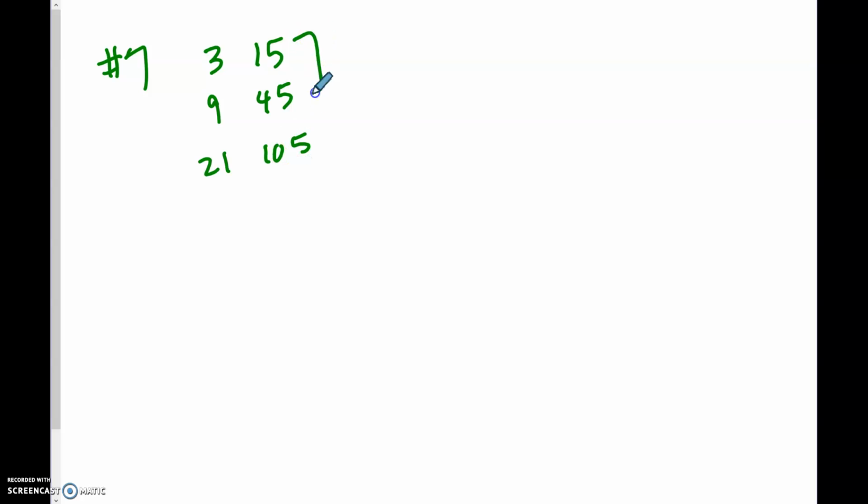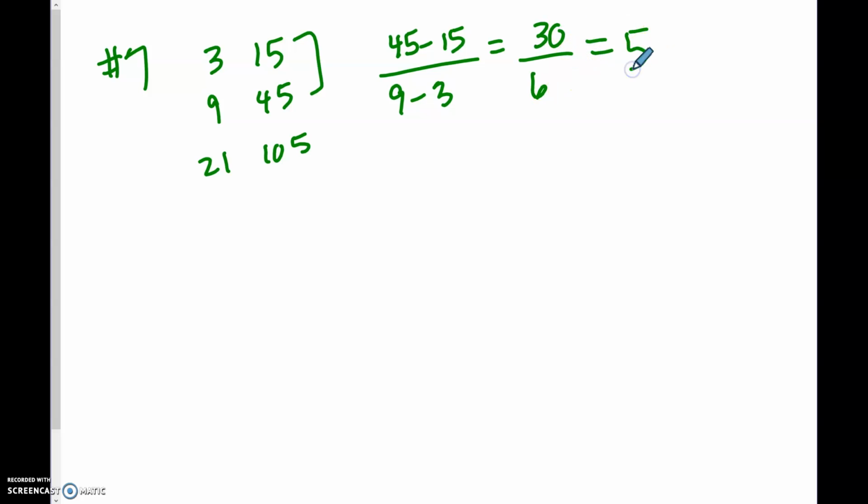So I would first find the slope here. 45 minus 15 and 9 minus 3. So 45 minus 15 is 30. 9 minus 3 is 6. And 30 divided by 6 is 5. Then you also have to do the slope here.